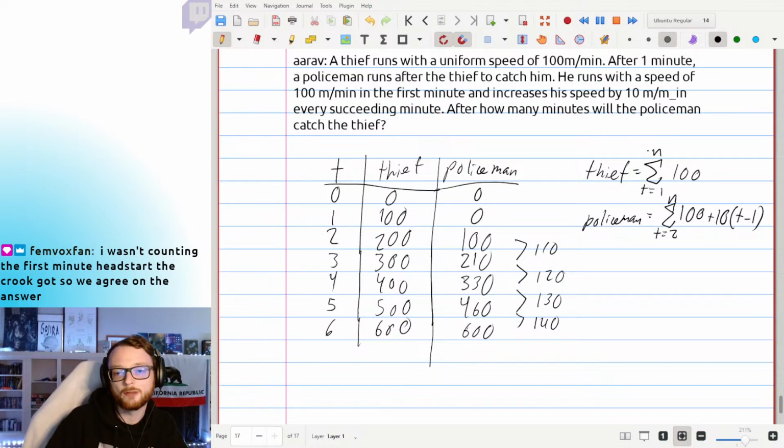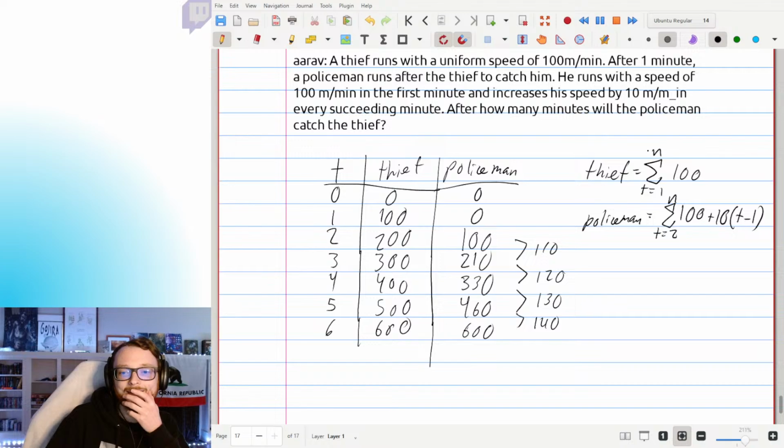Could we equate these two and solve it? It's like the top one is just 100 times n. The bottom one is 100 times n minus 1. Because we're starting from t equals 2.